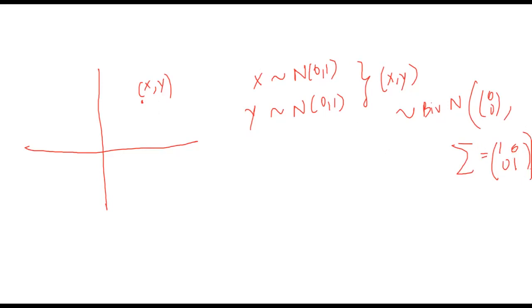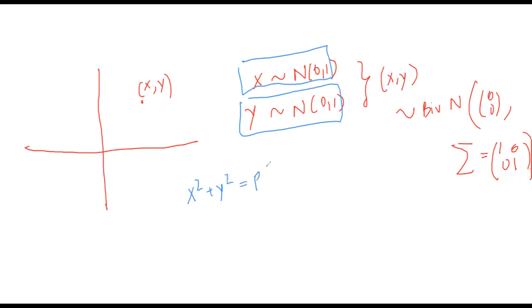So now if we select like this, what will happen? You know that x square plus y square, that is r square, will follow what? The independent normals, so x square plus y square will follow chi square 2, because the summation of independent standard normal squares follows chi square.